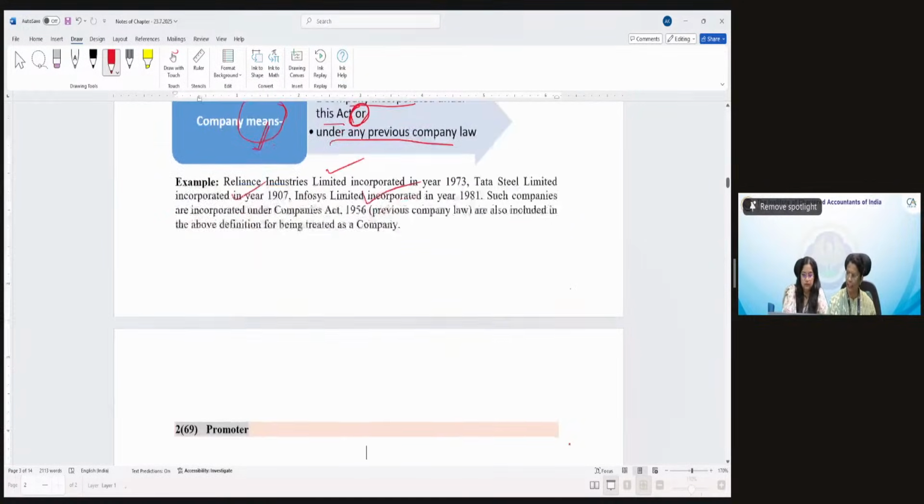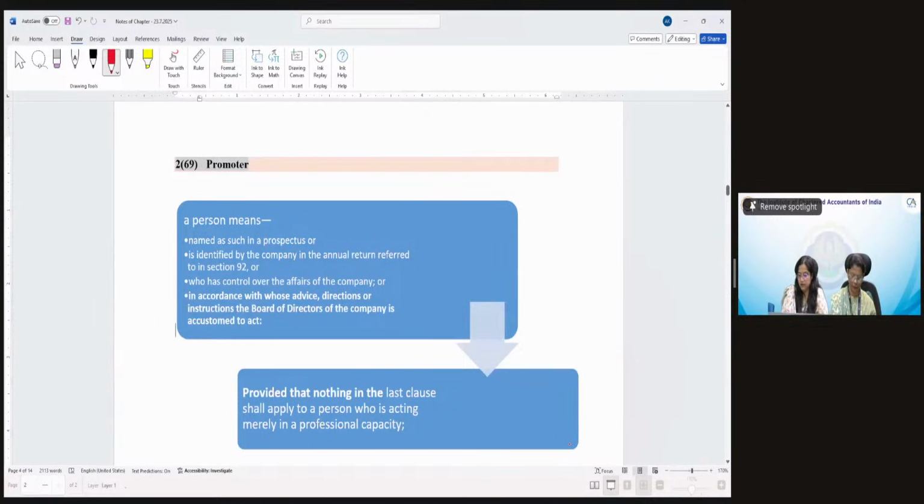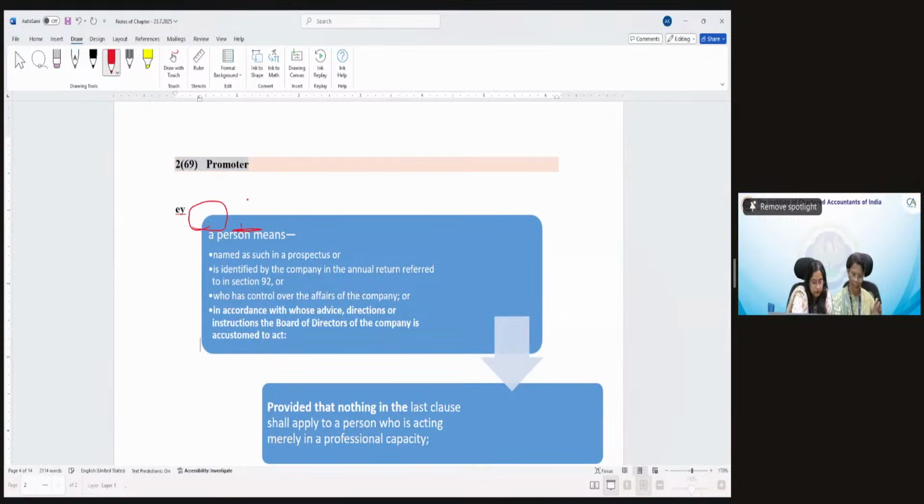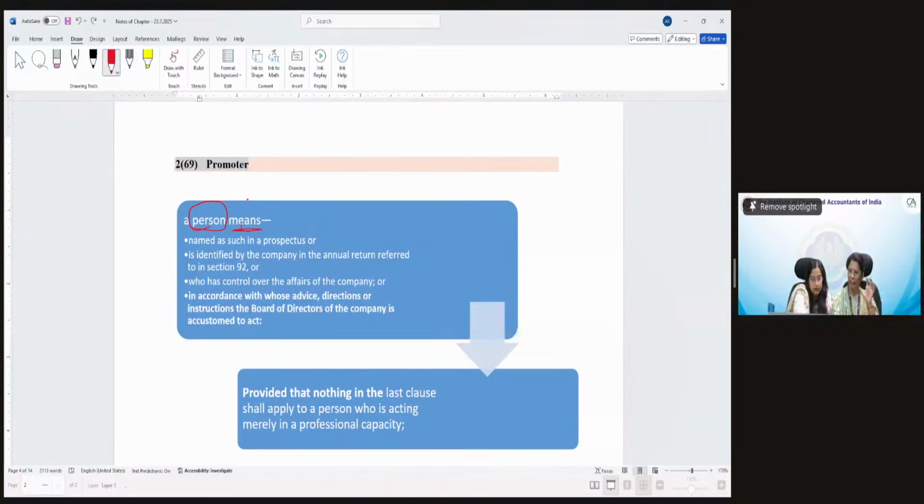Okay, moving to the next: promoter. This is again a very important term that you will be hearing a lot under the Companies Act, at various places. The promoter should be a person, and a limited definition is given, meaning only the people specified will be considered a promoter.